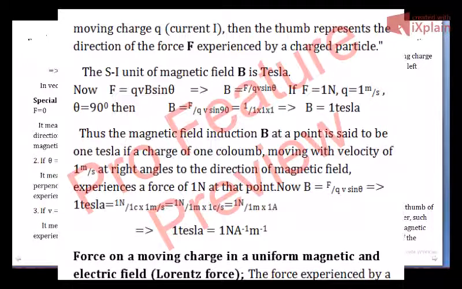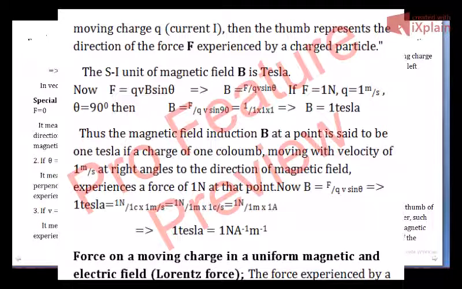Then B is equal to F upon QV sin 90, which means 1 upon 1 into 1 into 1. That is, B is equal to 1 Tesla. If F is 1 Newton, Q is 1 coulomb, V is 1 meter per second and theta is 90 degrees, then B will be 1 Tesla.